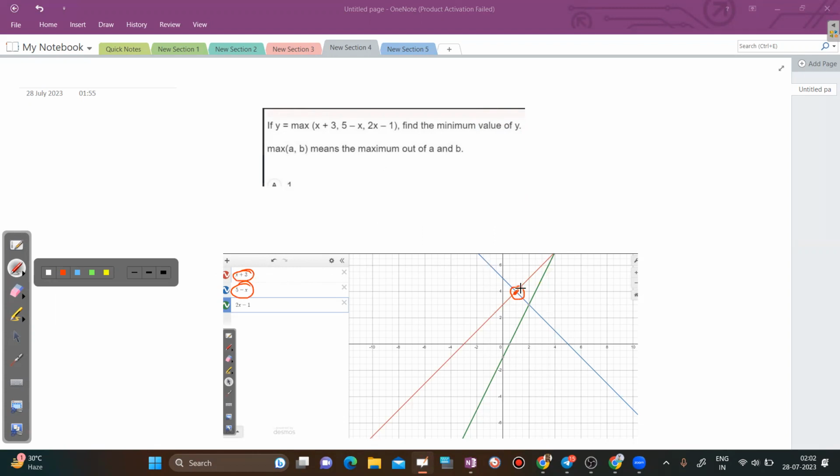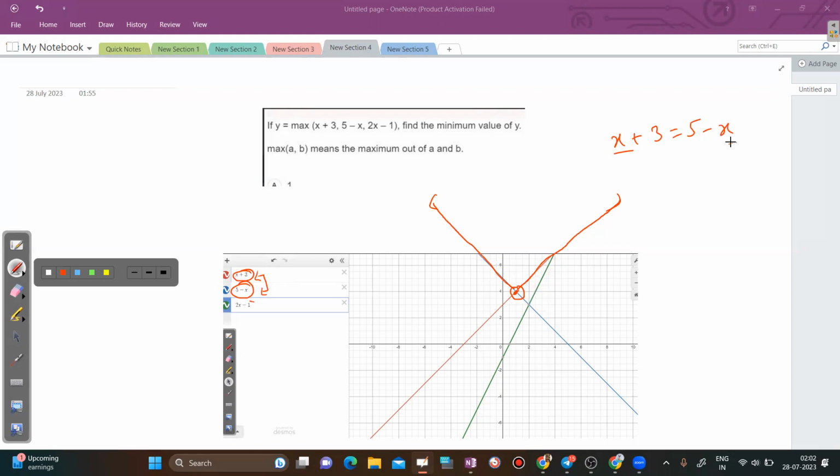So this is the minimum value, and from here you can see the graph again tends upward and goes on. So this point is the intersection of these two lines, and for that reason we just equate these two to get the intersection point.